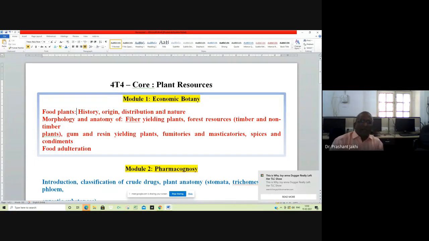And in relation to points such as the history of these food plants, origin of the food plant, distribution of the food plant, and what is exactly the nature of the part which is used as food material.